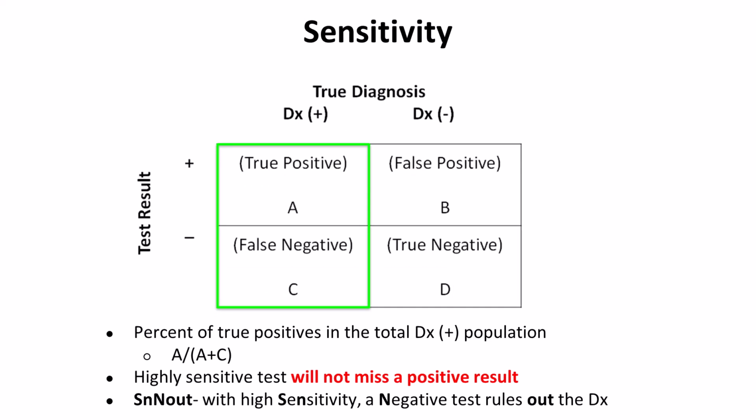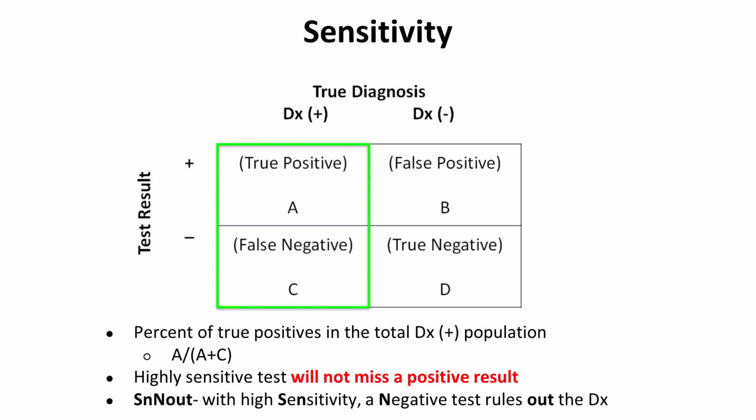So let's look at sensitivity. Here's the sensitivity of a test. The sensitivity of the test is the percentage of true positives among those who actually have the diagnosis in the total population. So this is kind of like risk, if you remember, only we're calculating columns here and not rows.